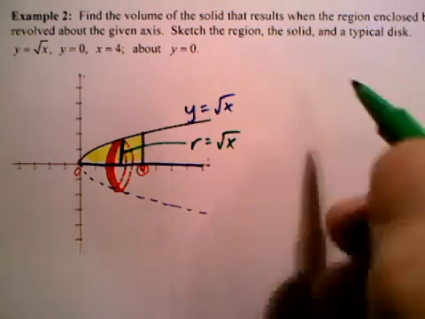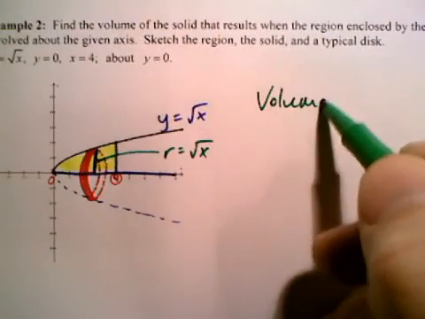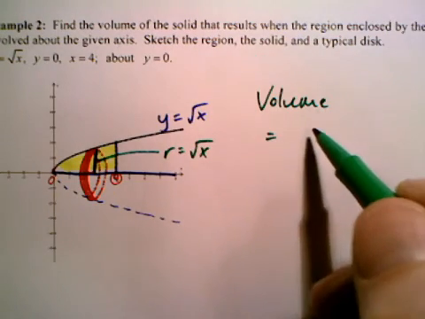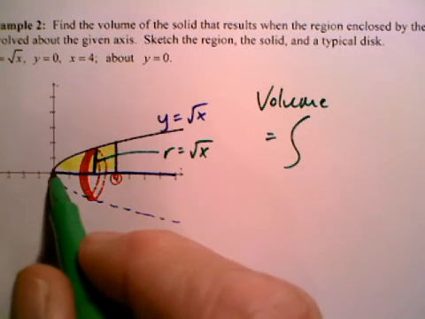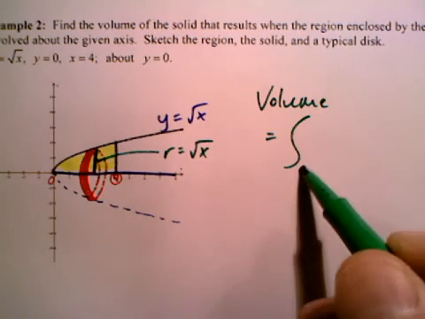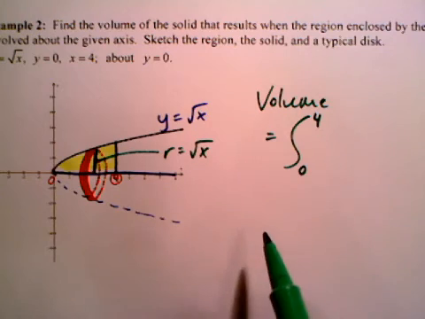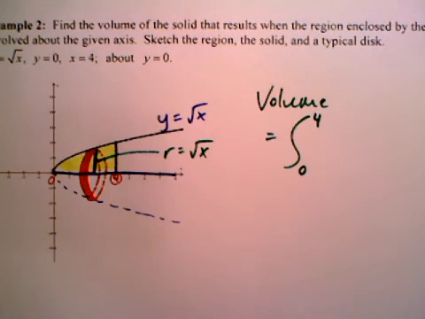And so the volume is equal to, we're going to add up an infinite number of disk volumes from 0 to 4, and I like to draw one disk down here.